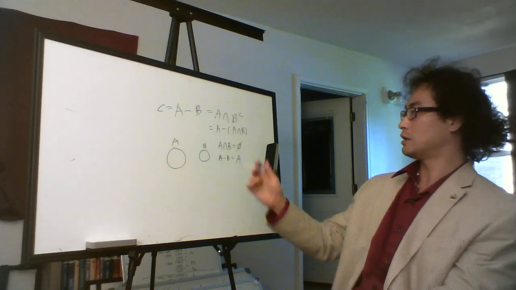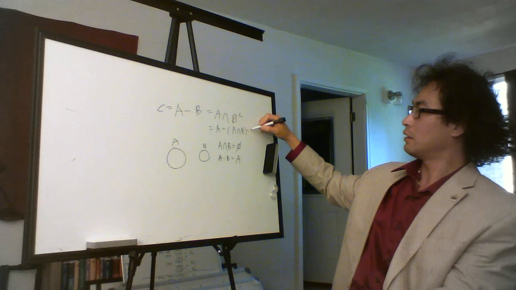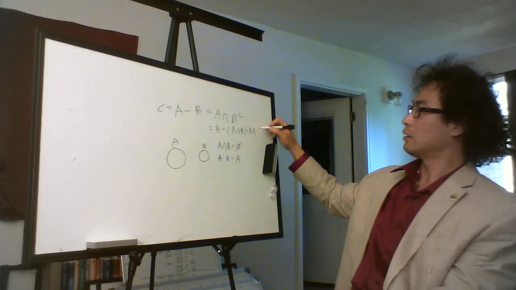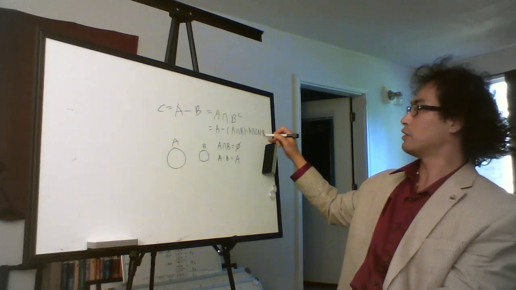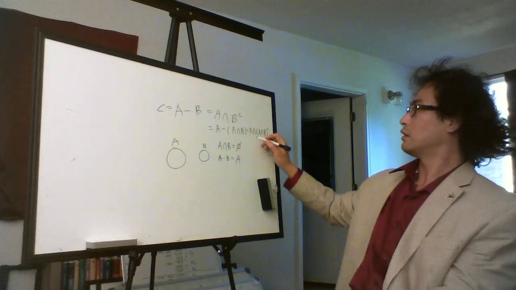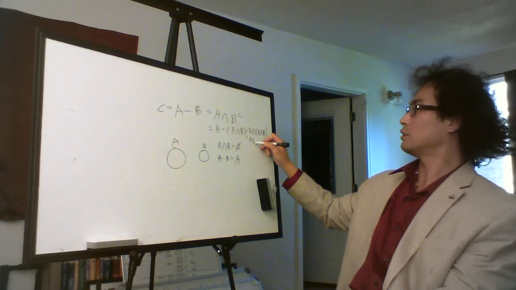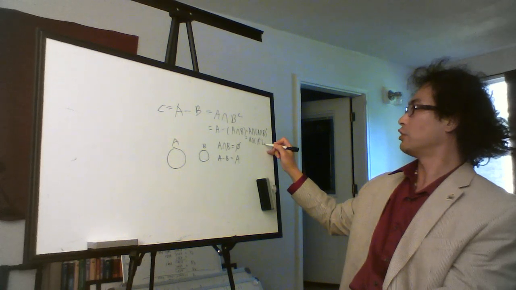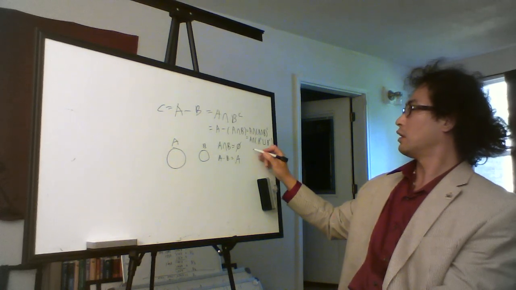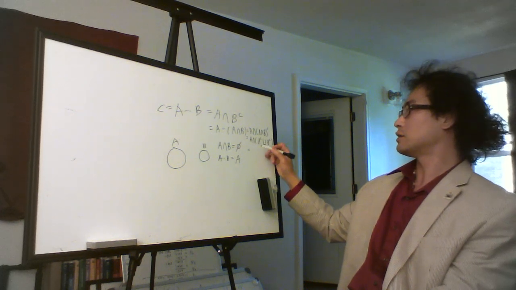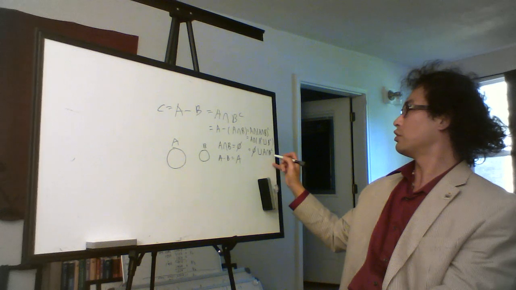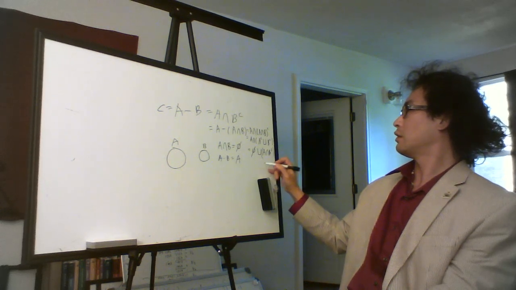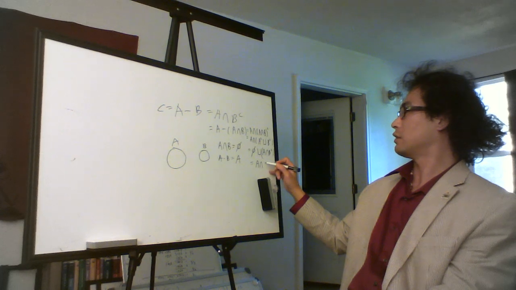Okay, let's expand this guy, A intersection B. I'll spell it out for you because you may not be familiar with set theory algebra, right? By De Morgan's law, this is the same as A complement union B complement, okay? And then A intersection A complement, that's nothing, right? Union A intersection B complement, okay? So nothing union another guy, that's the other guy.